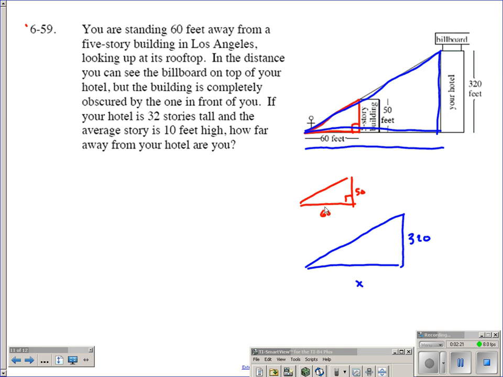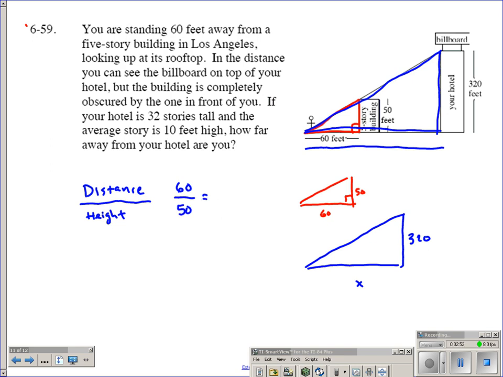So I'm going to do a ratio of the distance to the height. So it's the distance from the building to the height of the building. If I say this building here, I'm 60 feet away, and it's 50 feet tall, that would be like saying 60 over 50.